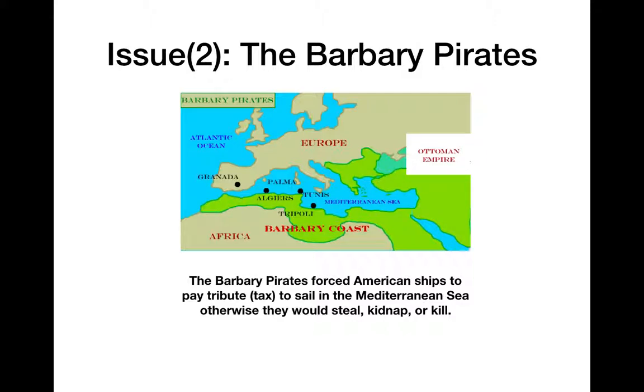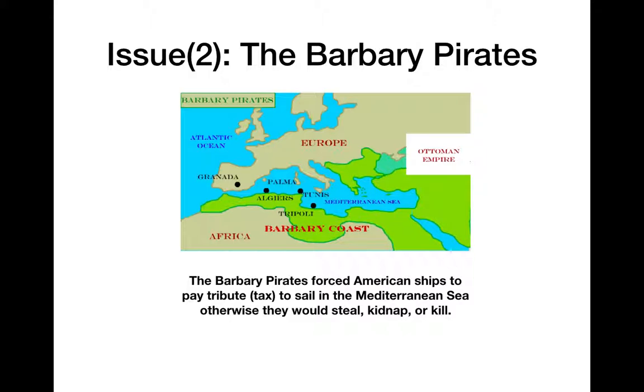The second issue is the issue of the Barbary pirates. In North Africa, a few areas, Algiers, Tunis, and Tripoli, are known as the Barbary states. They are a band of what are known as corsairs that control who comes and goes in the Mediterranean Sea.